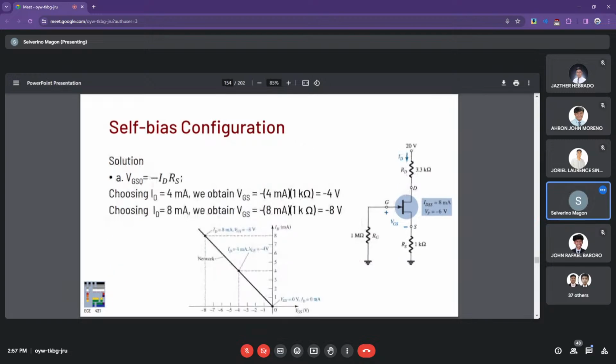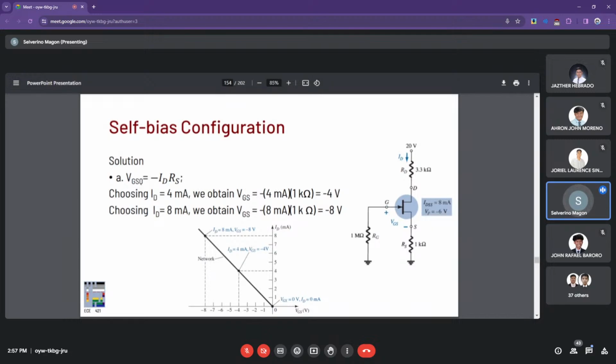And doing a load line analysis, since we are at IDSS or the saturation current at 8 milliamps, we can select maximum and half points to solve for the VGS values.